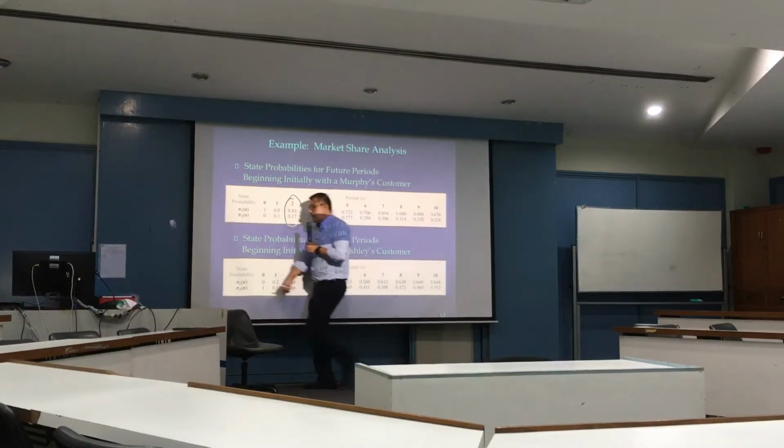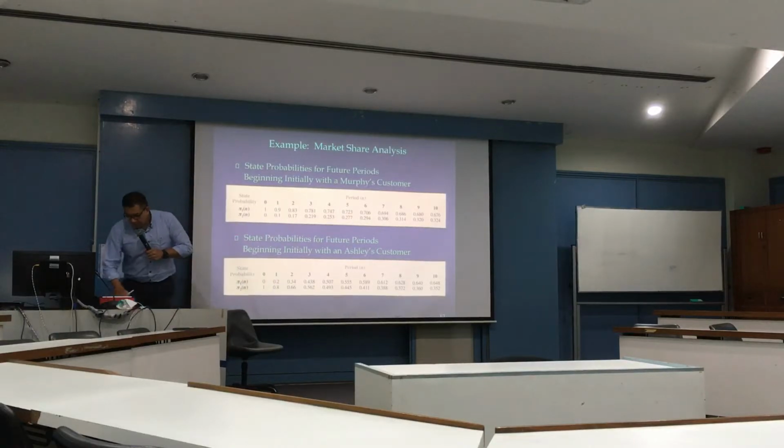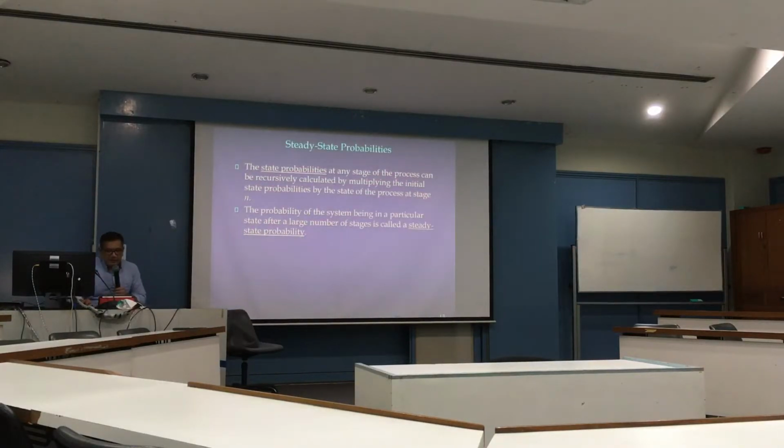So in this case, what do we have here? This means that when we have more and more periods to calculate, the probability seems to be coming to the steady state. So they call it the steady state.